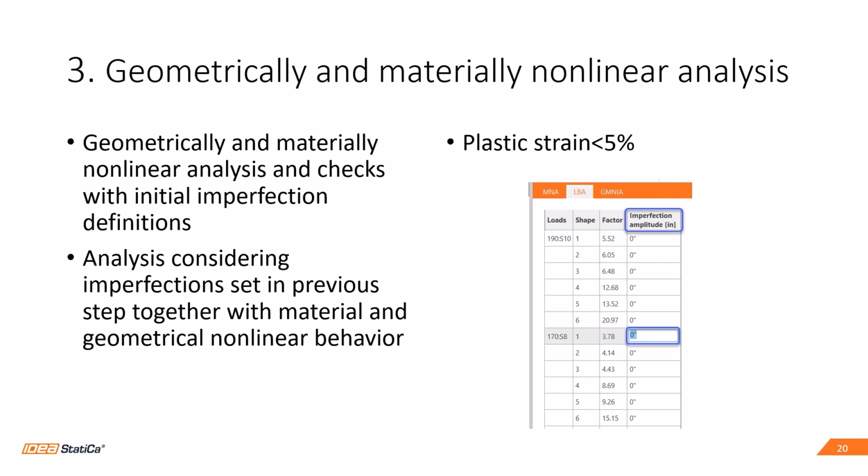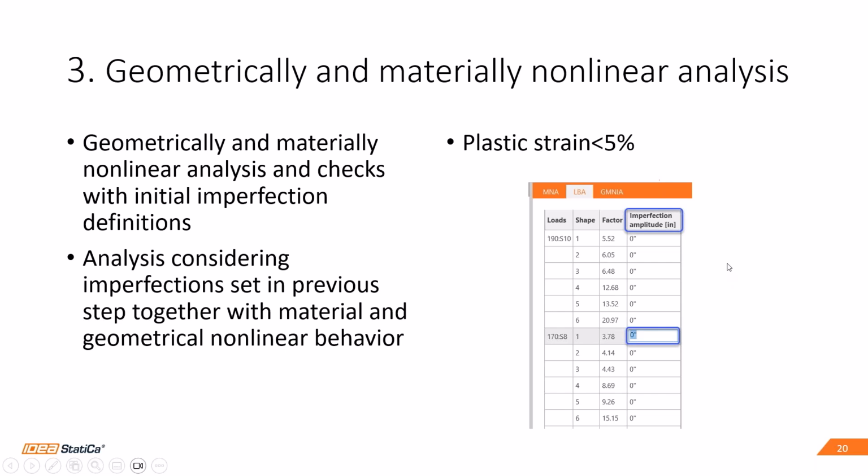Again, you can run a geometrical and materially nonlinear analysis and add the initial imperfection within this table. You can add the imperfections for each of the mode shapes. This is for when you don't want to reinforce and you want to see how the deformation will be in the analysis using this geometrically nonlinear analysis. That is how it works.